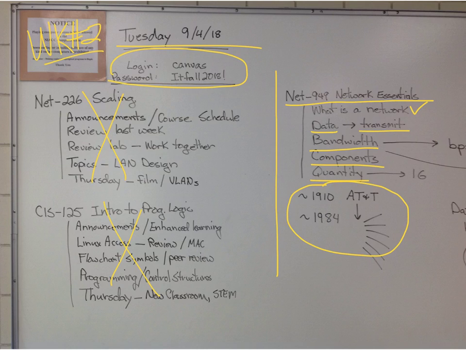Back in approximately 1910, AT&T became a monopoly. The Bell system. There actually was something called Bell Labs back in the day. Approximately 1984, the monopoly was split up into 8 different companies.